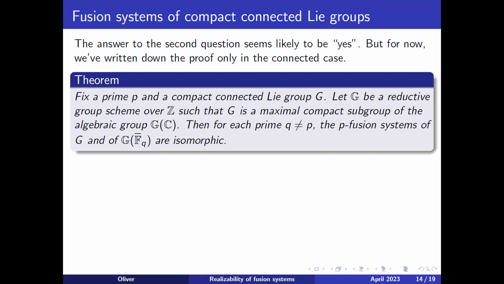The answer to the second question, I'm waffling a bit here. Likely to be yes, but we've only written down the proof in the connected case. So the question was, you've got a compact Lie group G, is its fusion system at the prime p also realized by a group in this class of discrete groups?